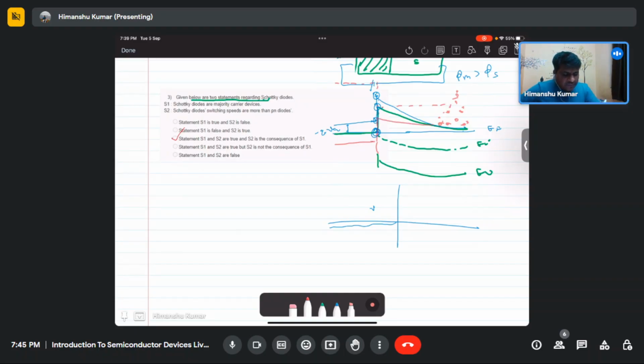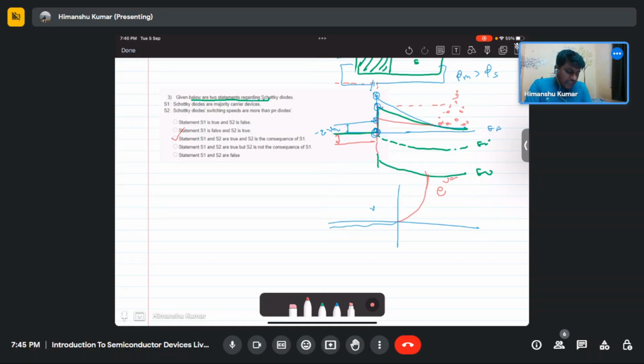If you apply sufficiently positive bias, this whole barrier will be overcome, and similar to the diode case, it can follow an exponential relationship with applied bias. So that is similar to diode character.